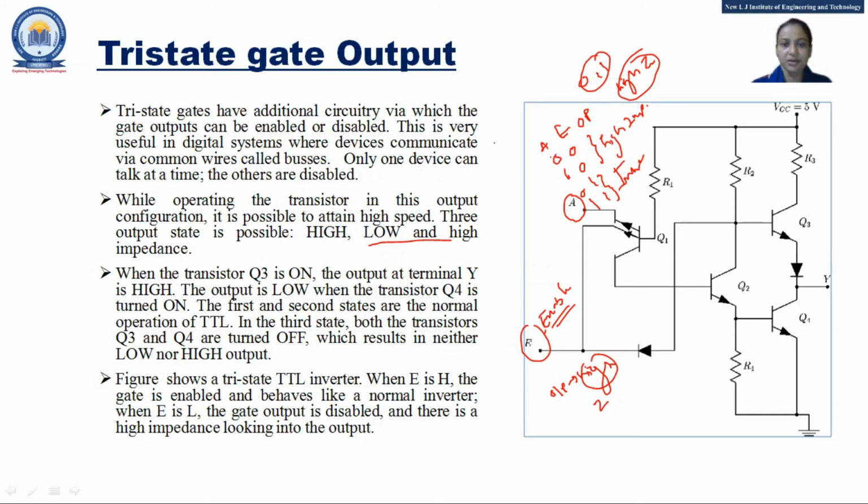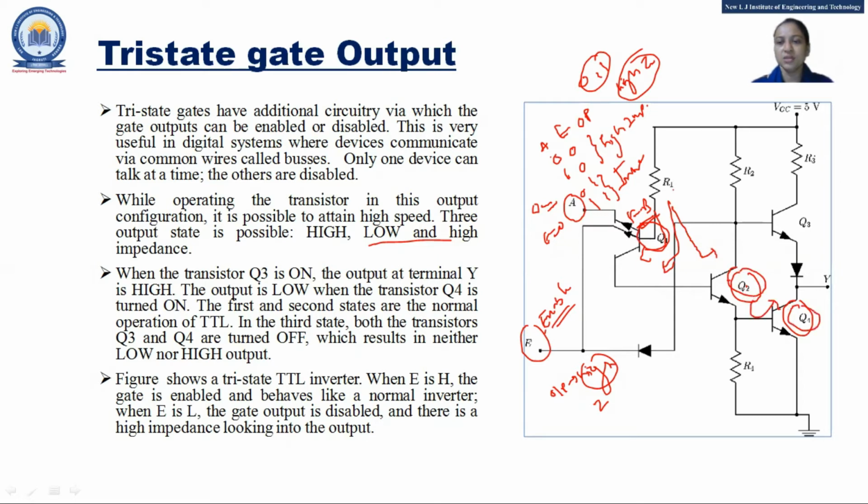If we apply A equal to 0 and enable E equal to 0, Q1 is in forward bias, so it makes a base current here, and no current will flow here. So Q2 is off, and if Q2 is off, Q4 is off.